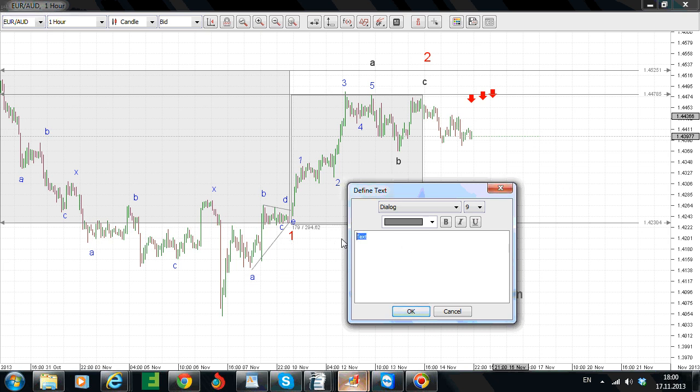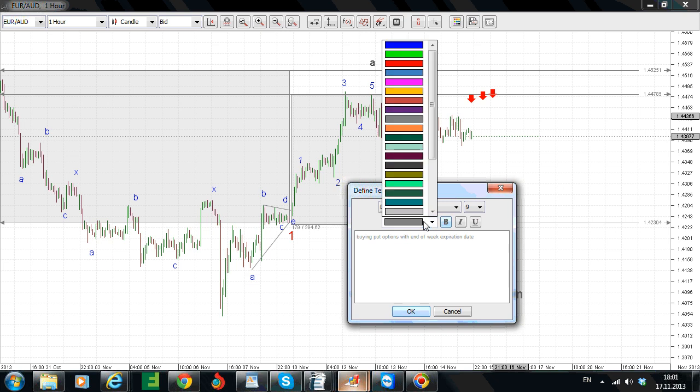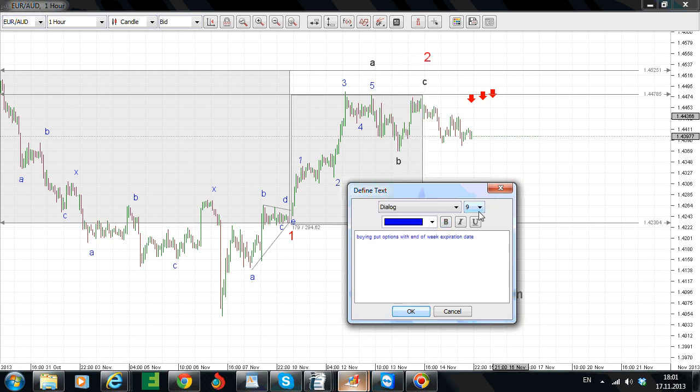But on Monday, we are preparing on the weekend for what's going to happen next week. So buying put options with end of week, basically next Friday, expiration date, is the logical thing to do on this outcome.